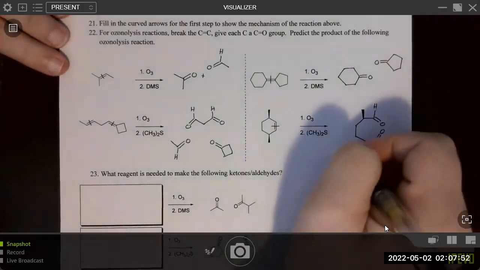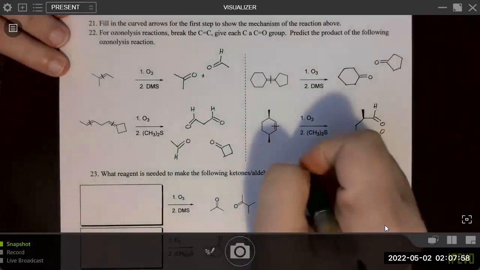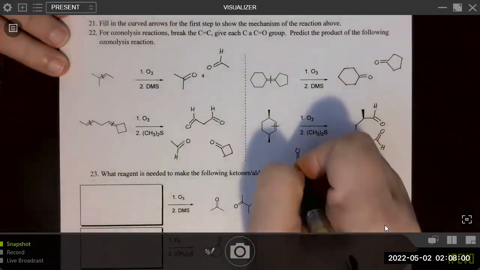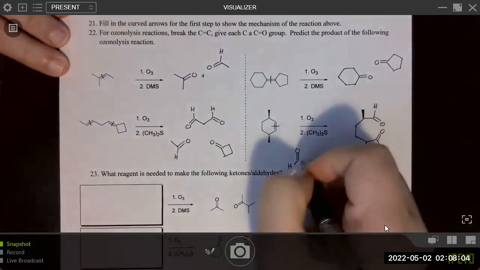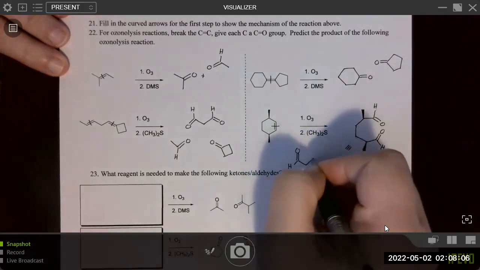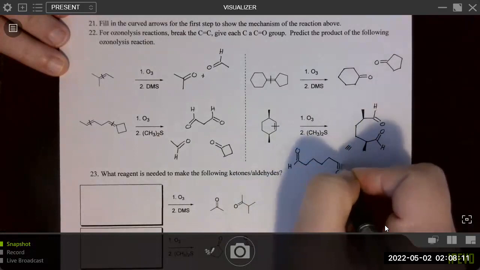Or, now that it's not a ring anymore, it would probably most commonly be drawn in a linear fashion. So we have the aldehyde, then we have 1, 2, 3, 4 carbons, and then another aldehyde.